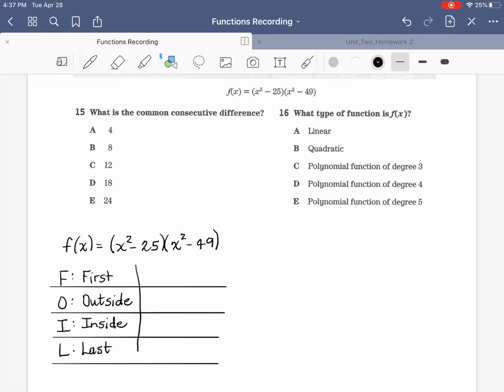So the first thing I want to do is look at my first terms, which would be the x squared and the x squared. That's the first term in each of these binomials. So I have x squared, and these are being multiplied. So x squared times x squared is x to the fourth power.